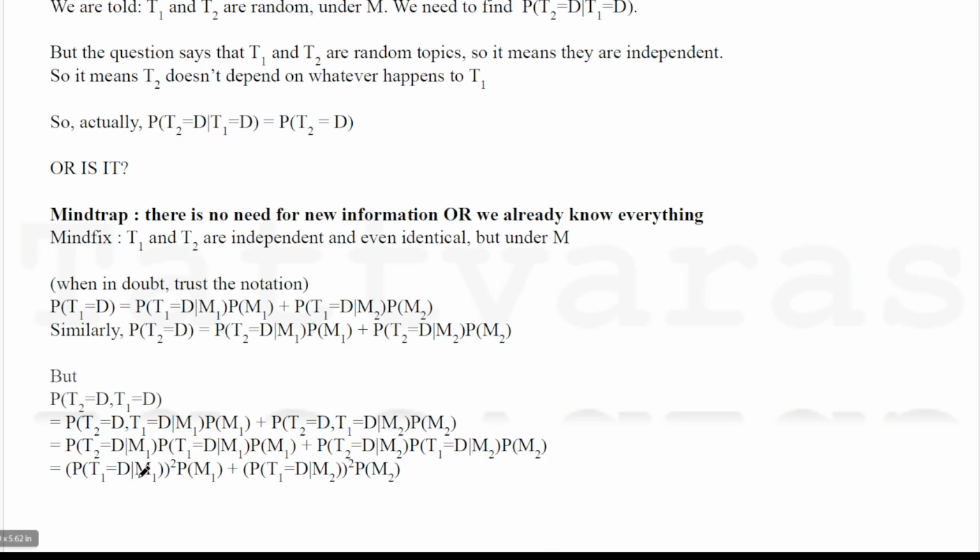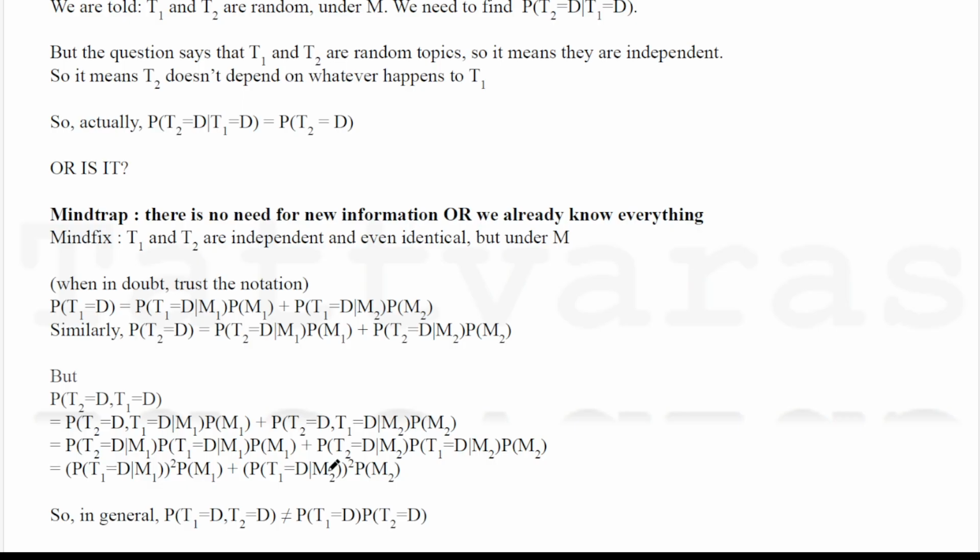And once they are broken, because under this particular variable m they are random, it means they are independent, not just independent, they are identical as well. So this probability is the same as this probability, and hence it's squared. And similarly over here it's the same, so it's squared.